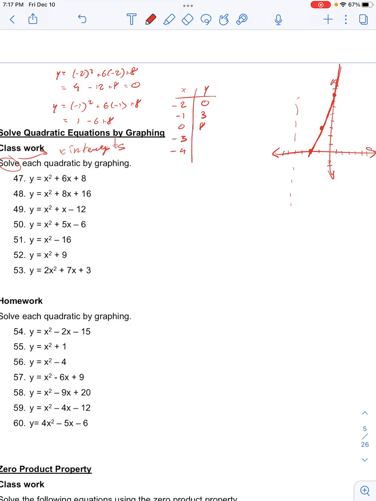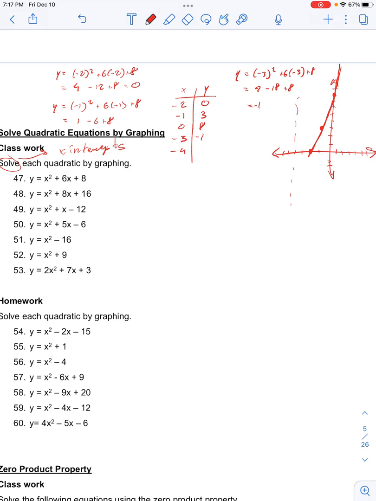So we have at x equals -3. We'll have -3 squared plus 6 times -3 plus 8. This gives us 9 minus 18 plus 8, which is equal to -1. So that's a -1.